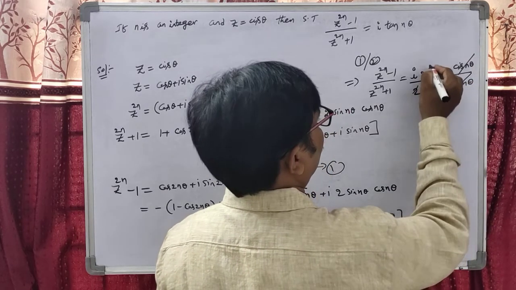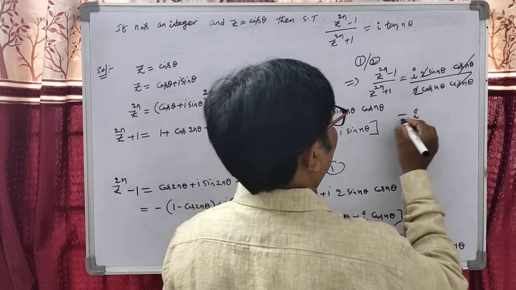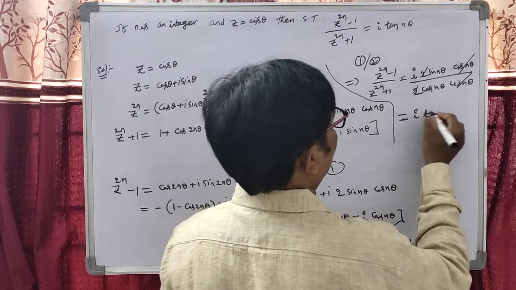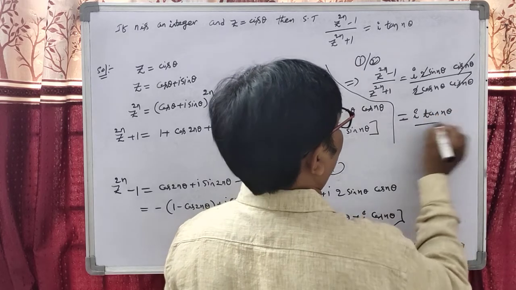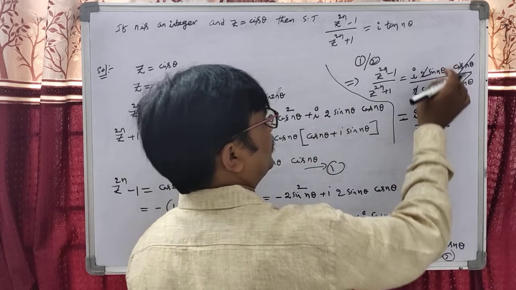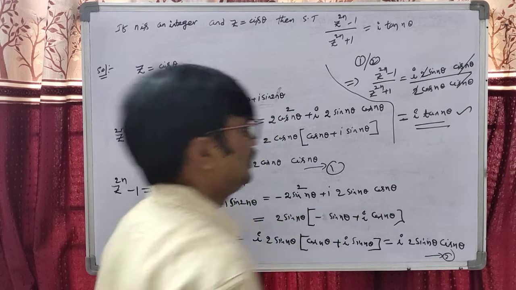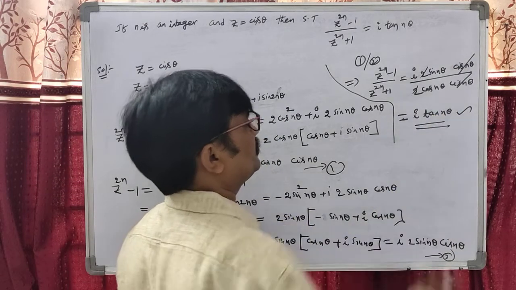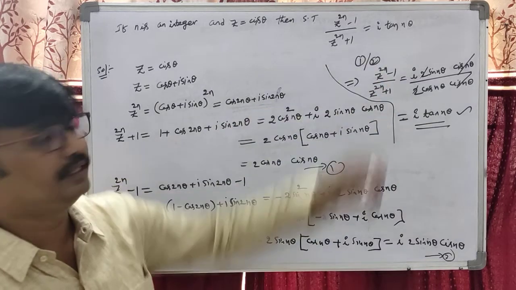These two are cancelled. After that I into sin by cos, sin by cos is tan of n theta. I is sin n theta by cos n theta, this is the tan of n theta.